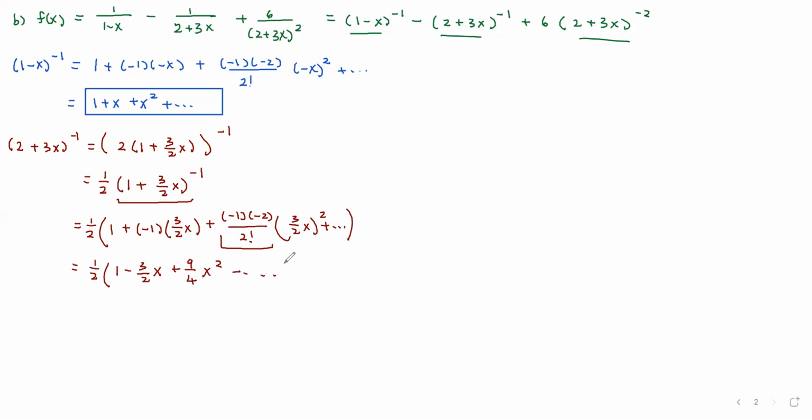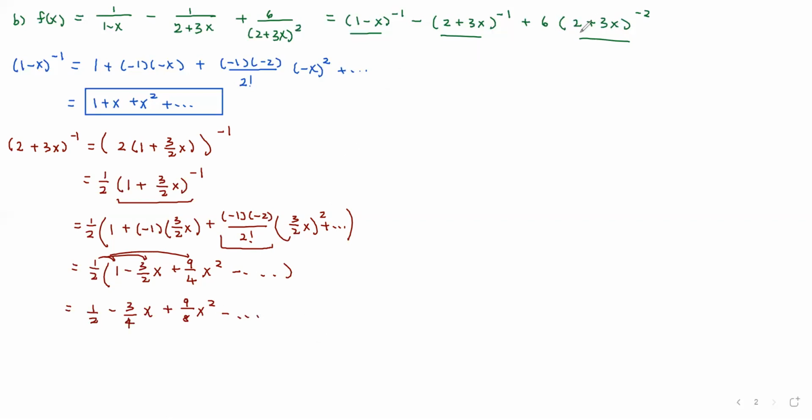This one should be a minus sign. Then distribute the 1/2, bring it in, so that we have 1 over 2 minus 3 over 4 x plus 9 over 8 x squared.